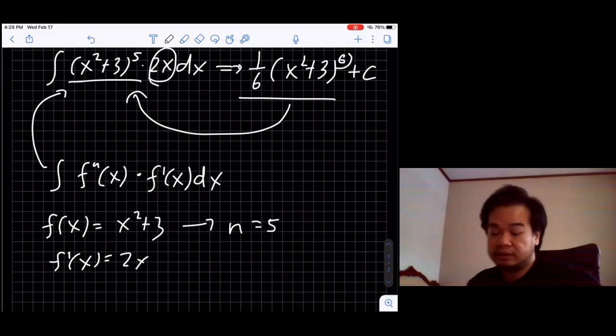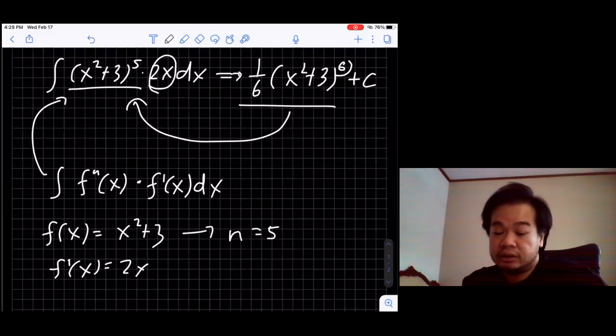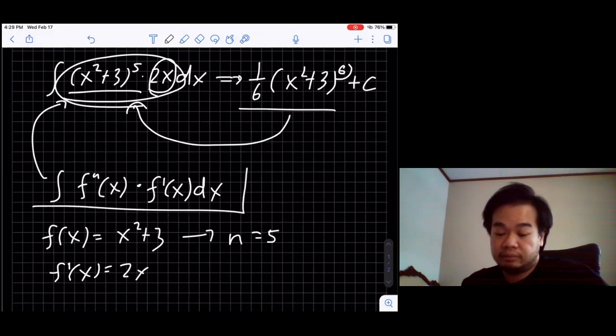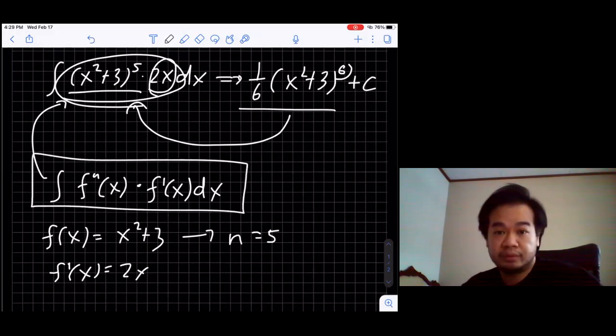That means this integrand in the problem I gave you earlier follows the template, the basic form of the algebraic substitution method. If that happens, you can assume that u is equal to f of x, without the power n.